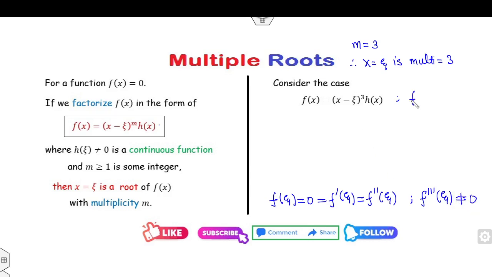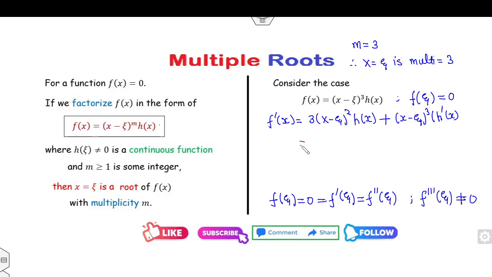So let's see. Firstly, f(xi) is 0. I can find the derivative. What is f'(xi)? It is 3 times (x minus xi) square into h(x) plus (x minus xi) cube into h'(x).